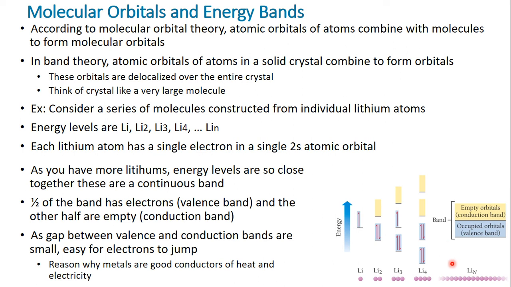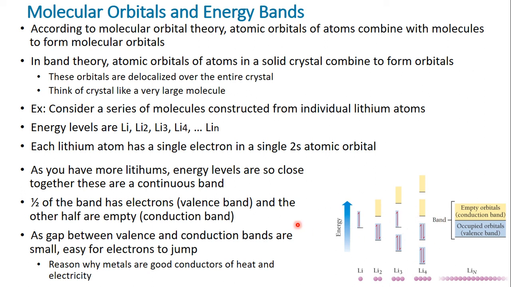Now, as you go to more and more lithiums, you'll get more energy levels, but the distance between the energy levels will basically not exist anymore. So instead of discrete individual energy levels, you'll get one long, big energy band. One half of these energy levels will have electrons in it, and the other half will be empty. But since the gaps are so small, electrons are free to move to different levels.